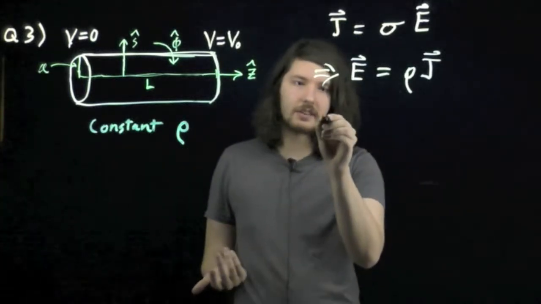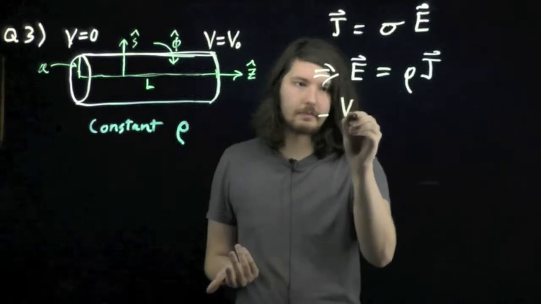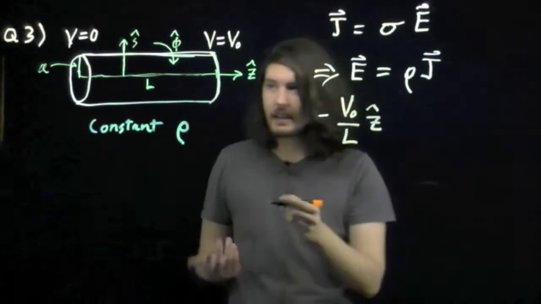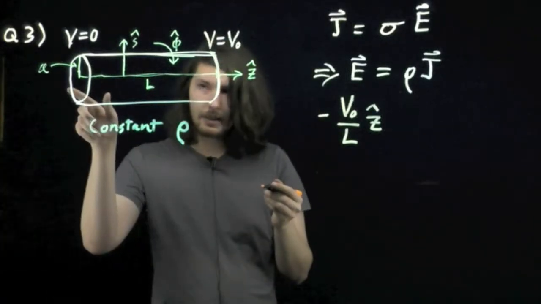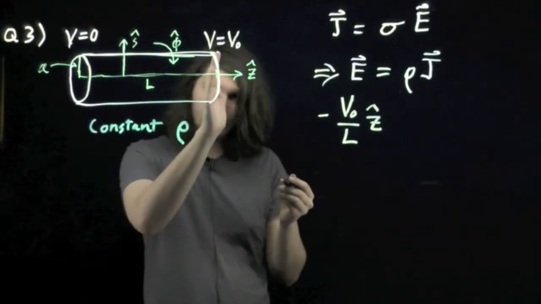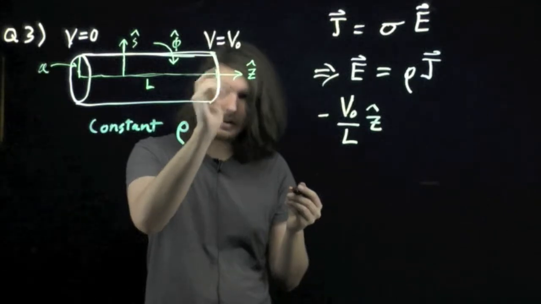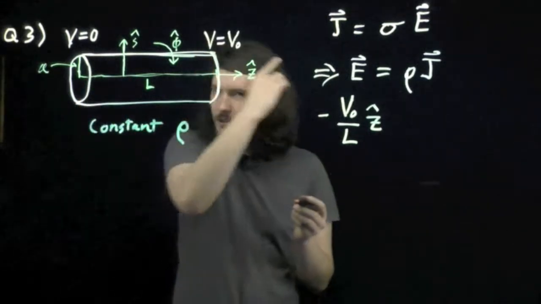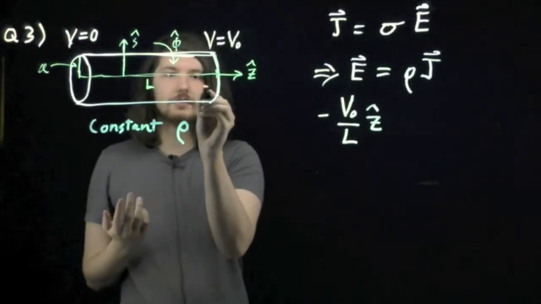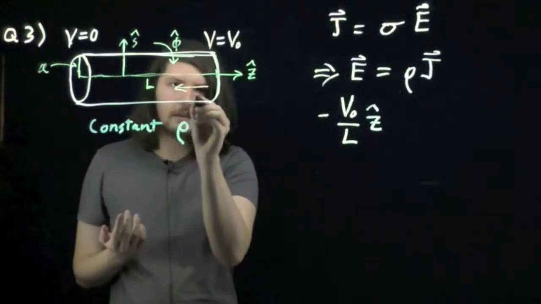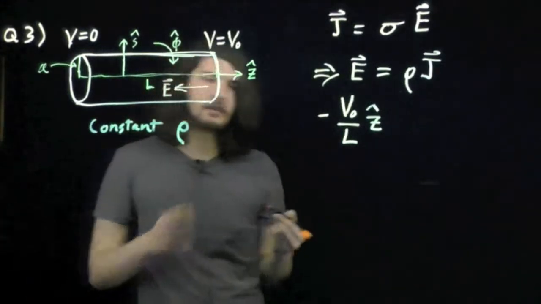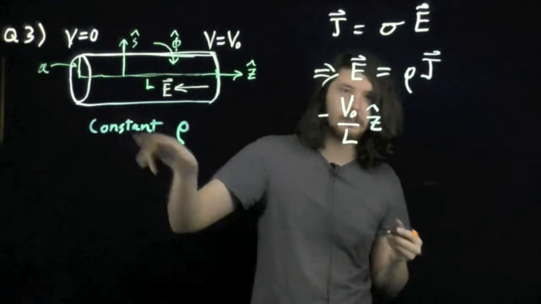In this case, it's the negative of the voltage, because we're going from the region of high potential, V equal to V naught, to the region of no potential, V equal to 0. So just for reference, I'm going to draw this vector representing E, the direction of the electric field.